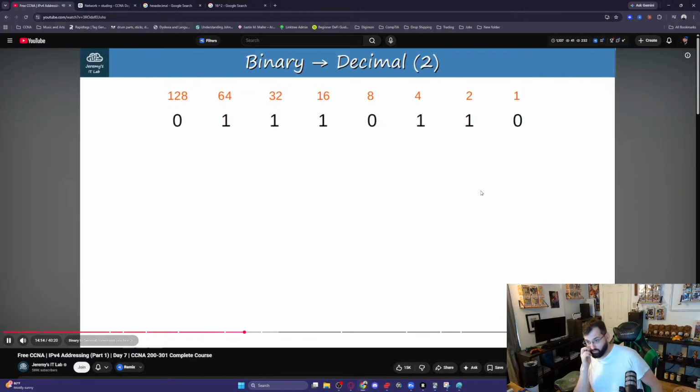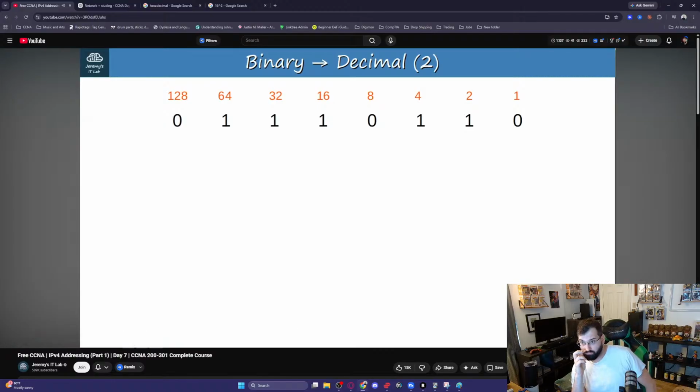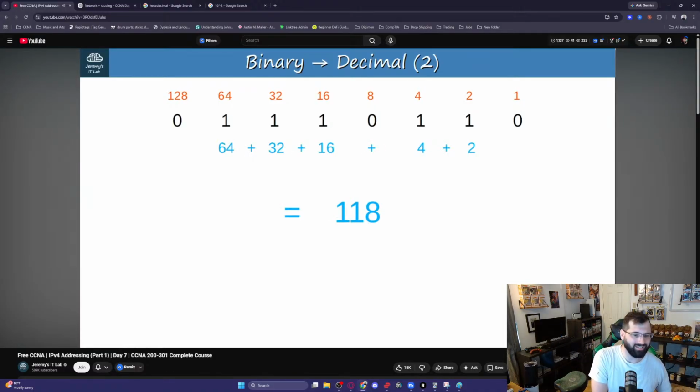So we have 1 unit of 64, 1 unit of 32, 1 unit of 16, 1 unit of 4, and 1 unit of 2. Add each of those numbers together, and you get the answer, which is 118. Binary 01110110 is equal to decimal 118.